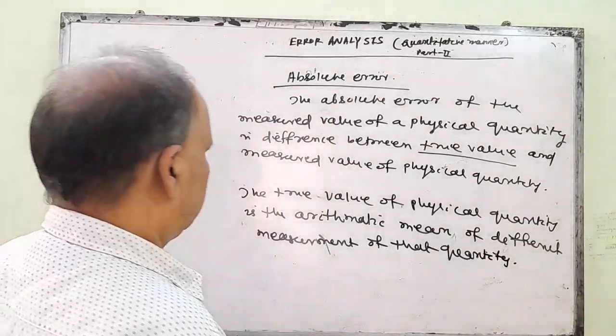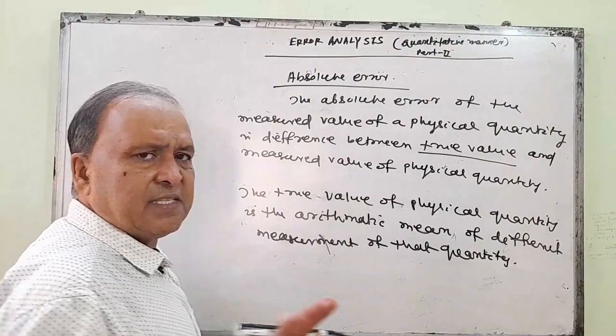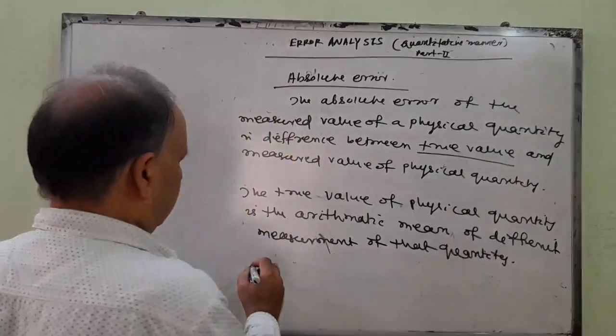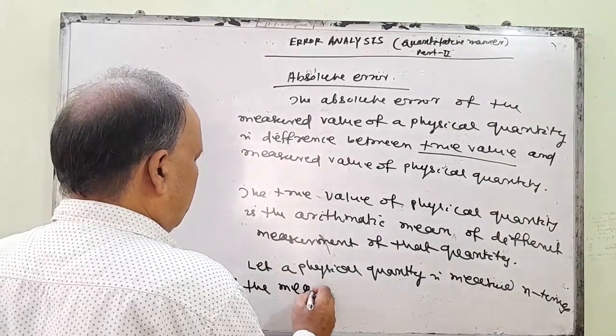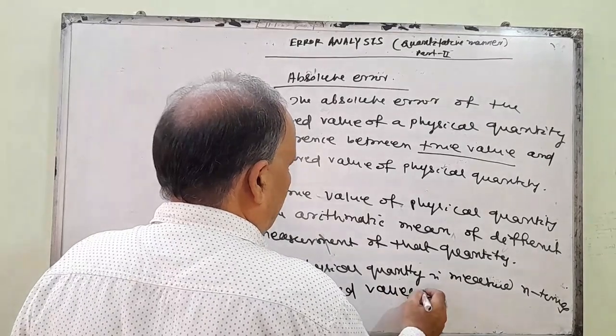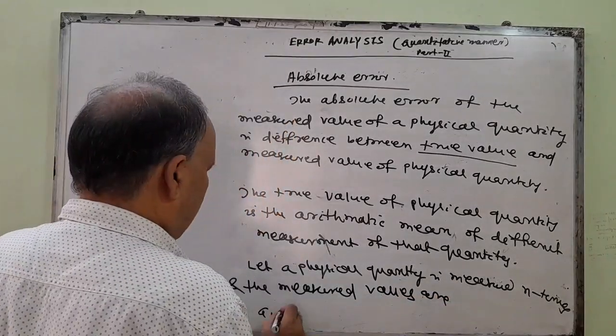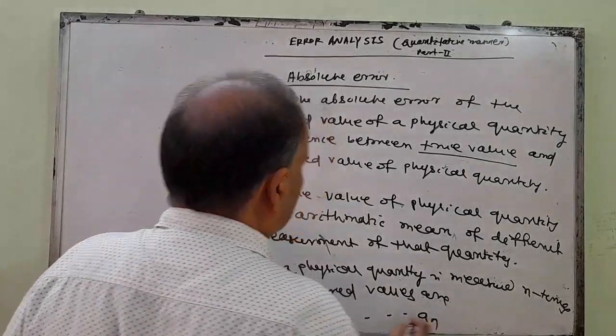Now explain it. Let a physical quantity be measured n times and the measured values are A1, A2, A3, An.